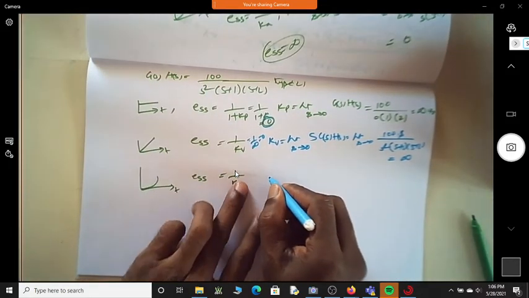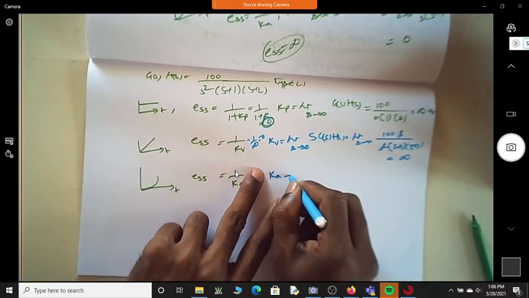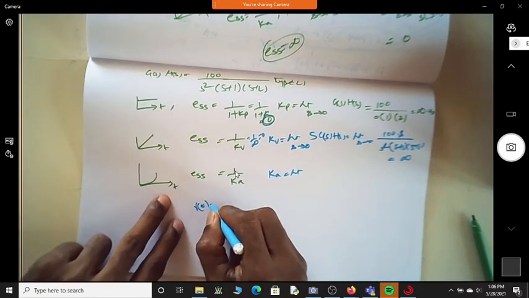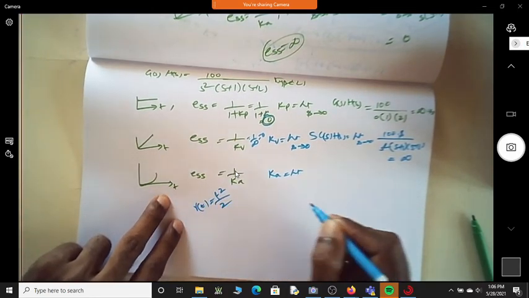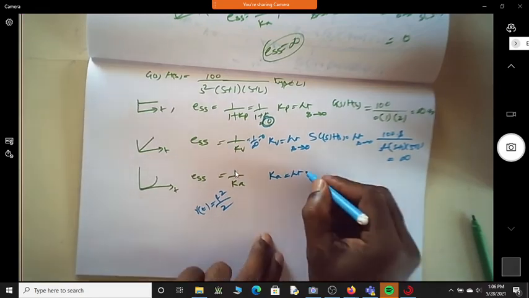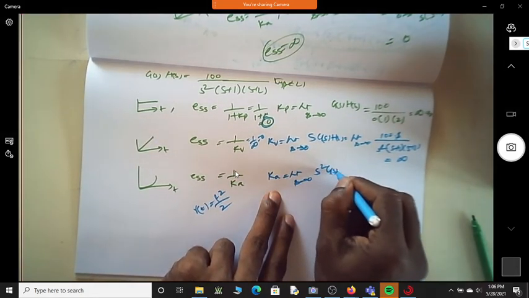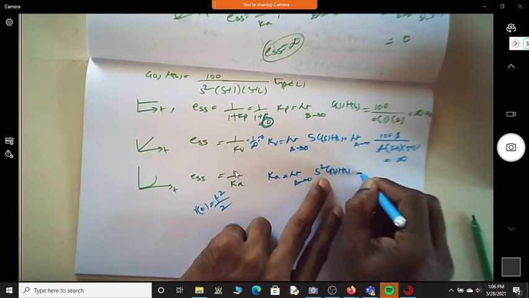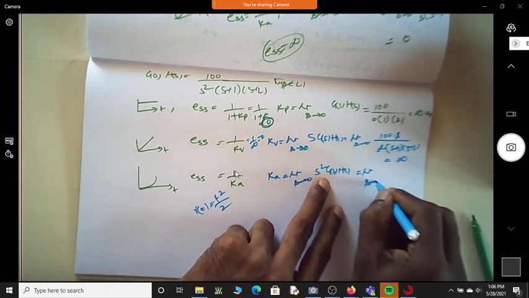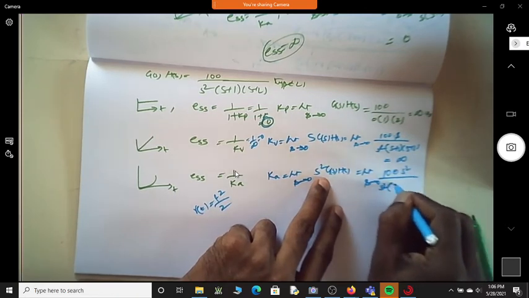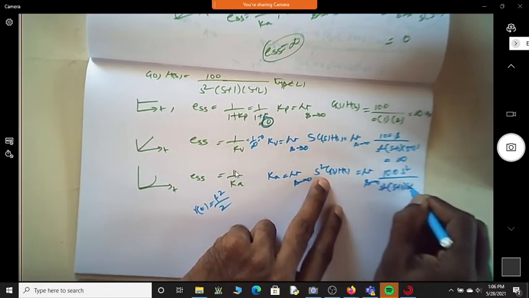But for a parabolic input, when I say R of t is equal to t square by 2, it is the limit of s tending to 0, s square into G of s into H of s. This is the limit of s tending to 0, 100 s square by s square into (s plus 1)(s plus 2).